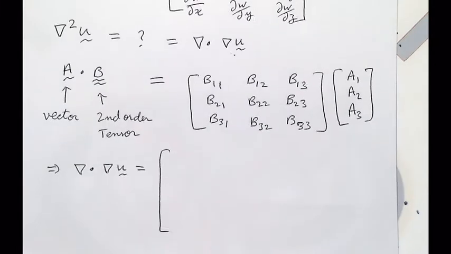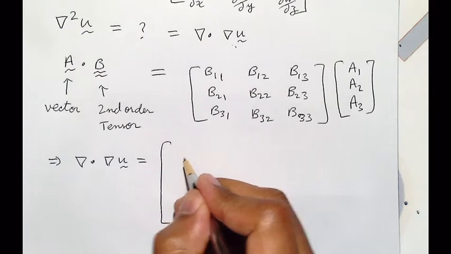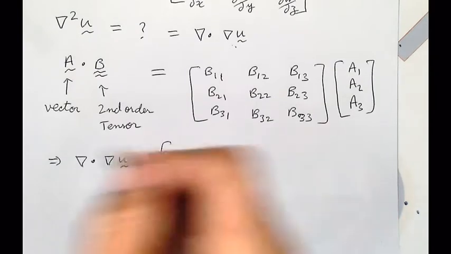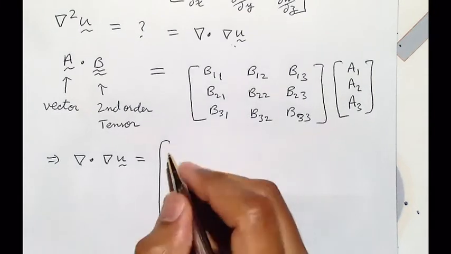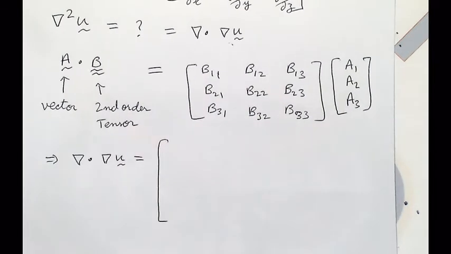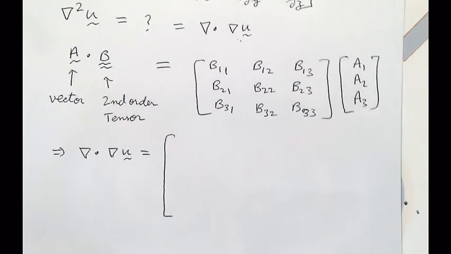So what goes here? Help me. Is it del u over del x times del, that's times I, so del square u over del x? You are giving me the final answer. Yes. Now, go step by step, okay?